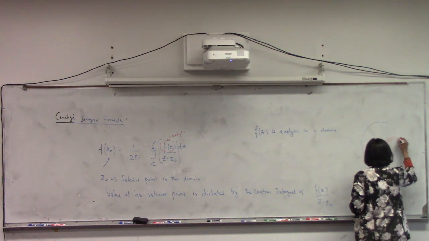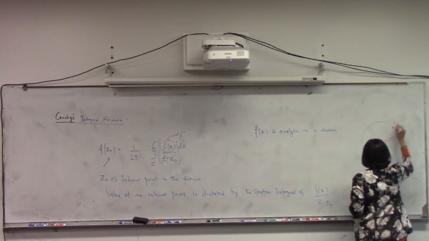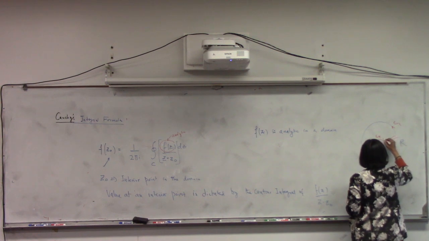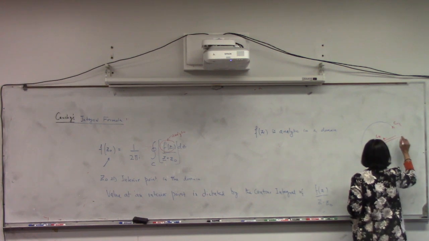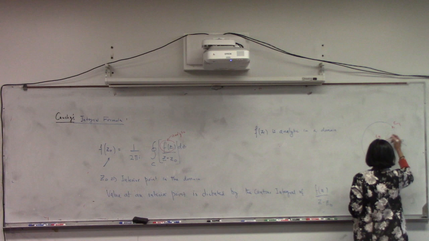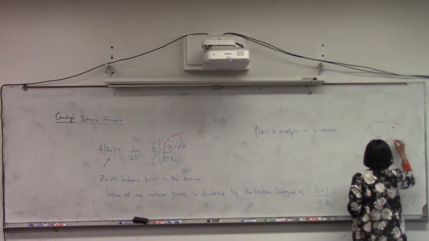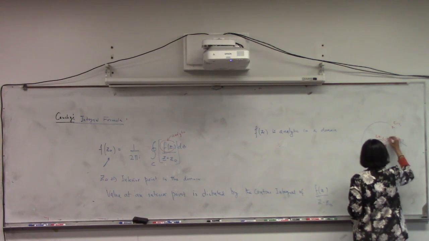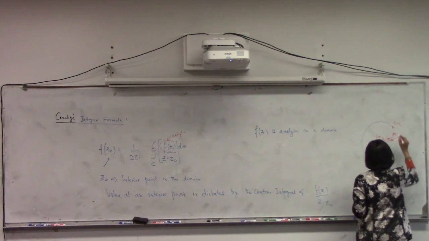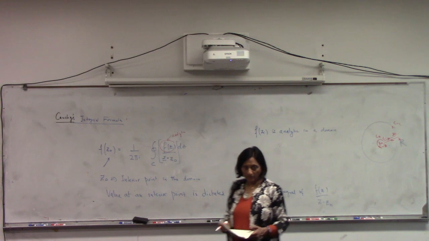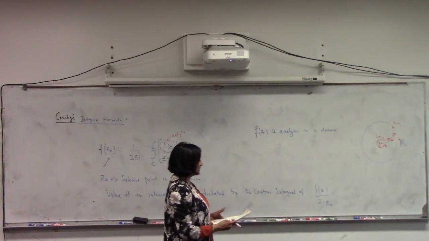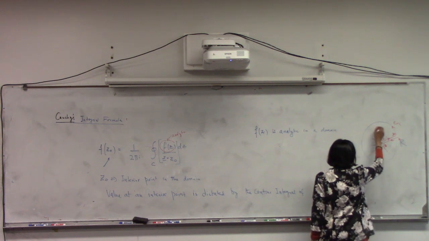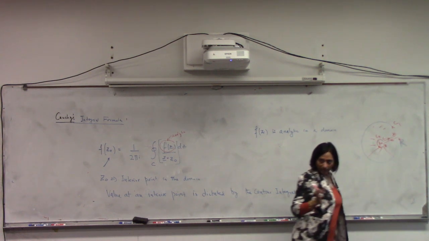and I'm going to draw a circle like that, C1, C2, like that. That eliminates the point. Now, if you eliminate the point z naught, then the function is analytic in the annular region.